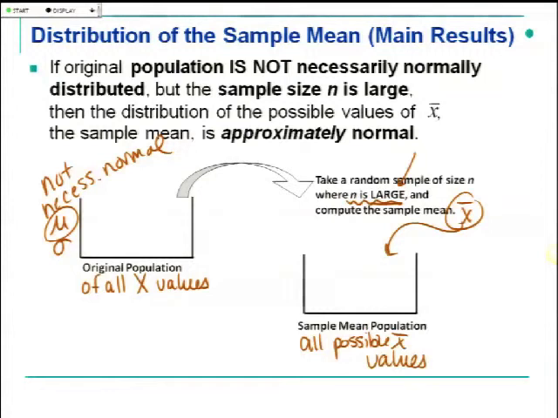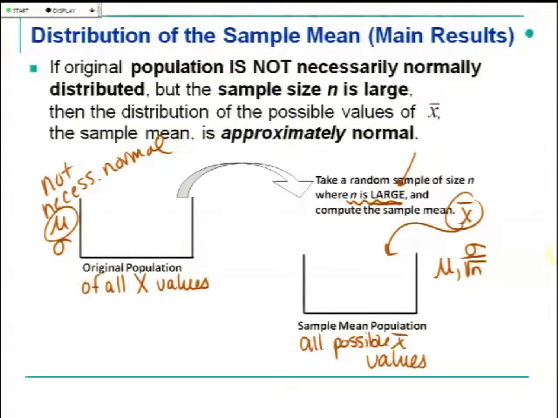what do you still get for the model of this population of all x bar values? You're still going to have mu as the mean. X bar values will always vary around the true mean mu, whether you take a small sample size or a large one. You get that unbiased property. And sigma over the square root of n will always be what the standard deviation turns out to be. That's provided you take random samples. That's all you need there.